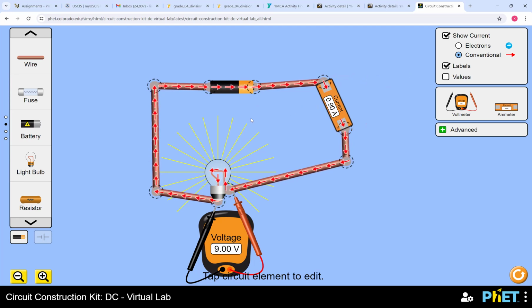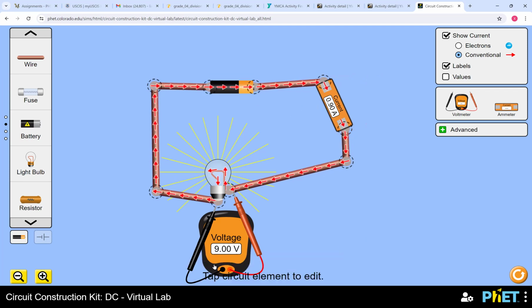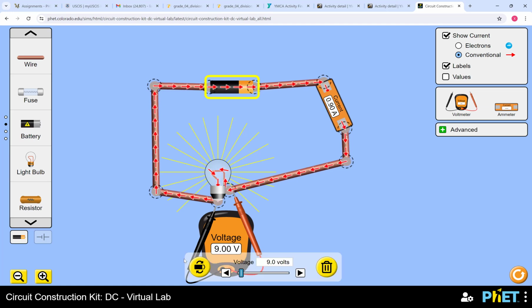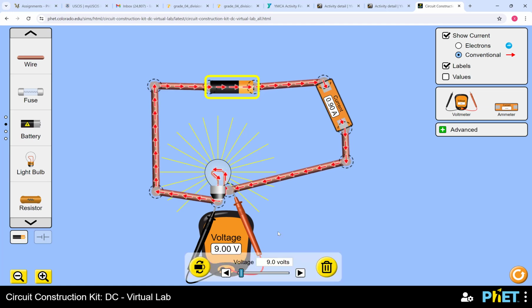So now you can see the light bulb will start glowing, and your current reading is here, your voltmeter reading is here. So what we do next is we are going to change the battery setting.